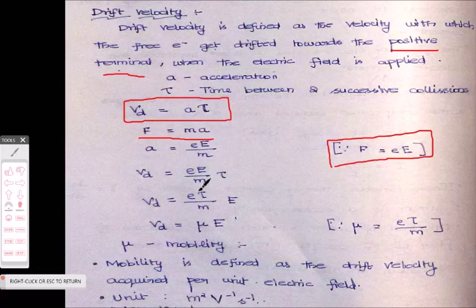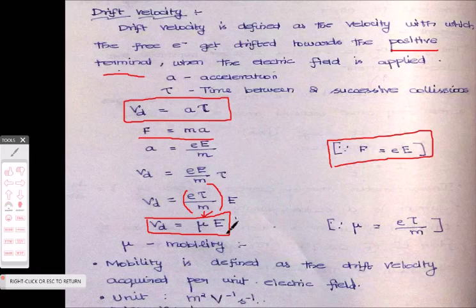Vd is equal to eEτ by m, where τ is time. So Vd is equal to eτ by m into E. So Vd is equal to μ into E, because this is μ. So μ is called mobility. Mobility is defined as the drift velocity acquired per unit electric field.